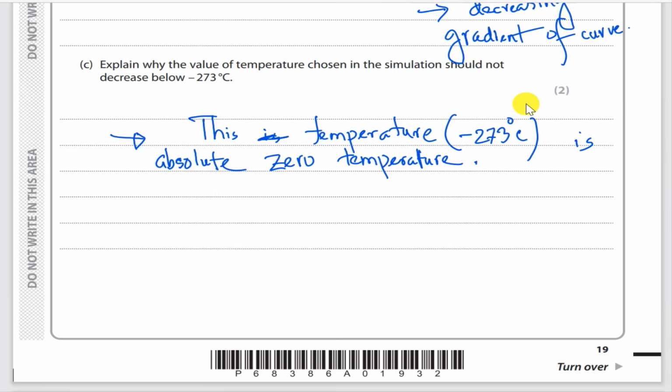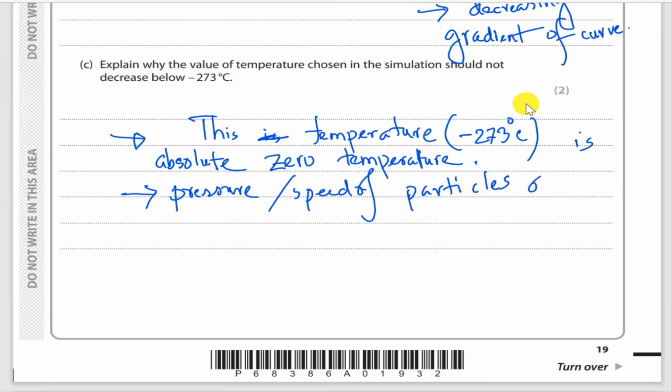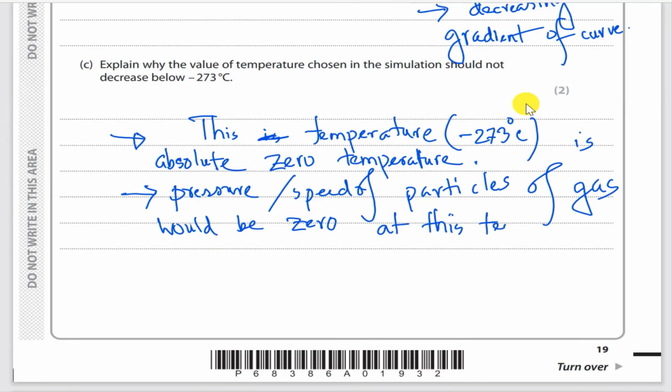Pressure or speed of particle of gas would be zero at this temperature.